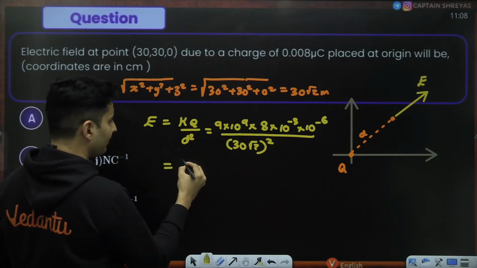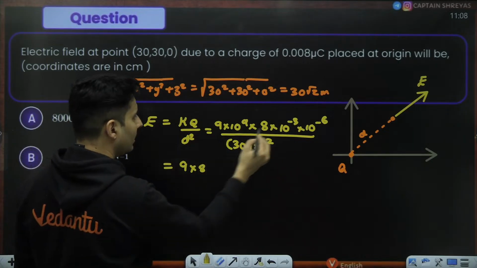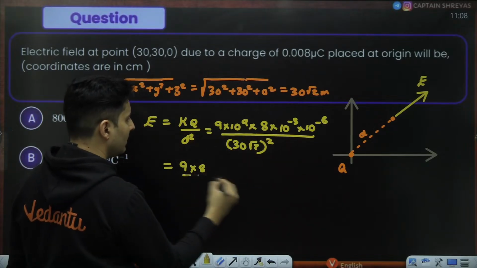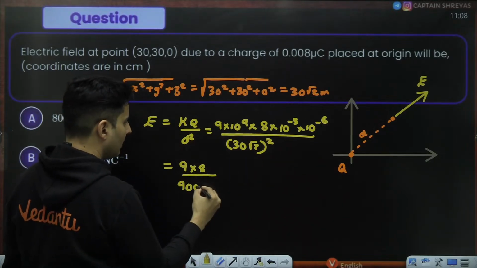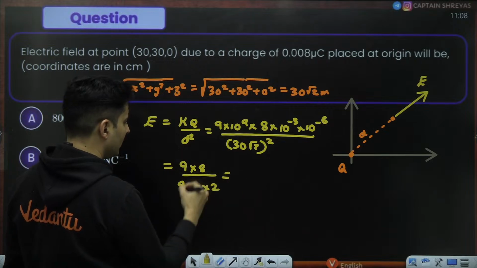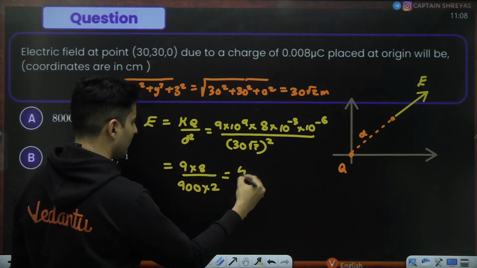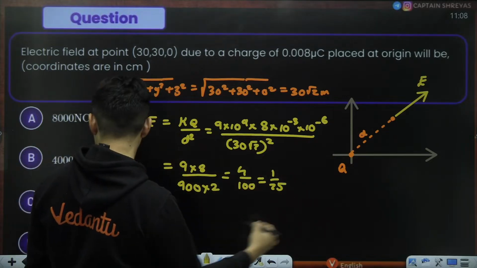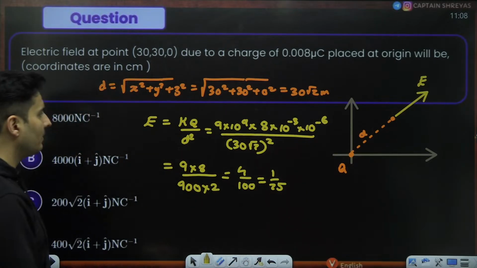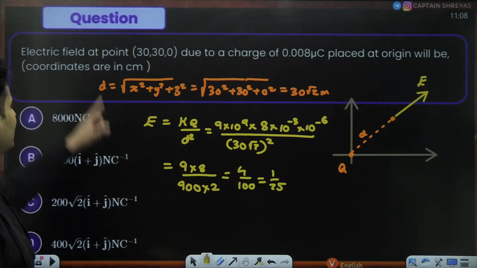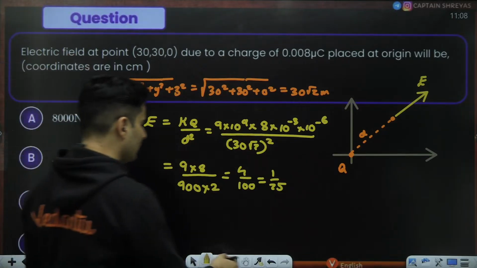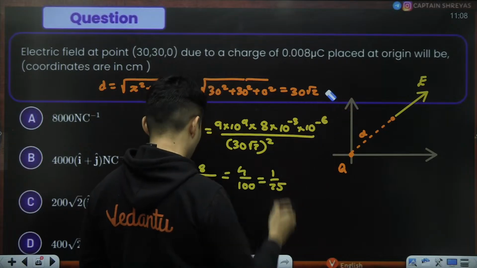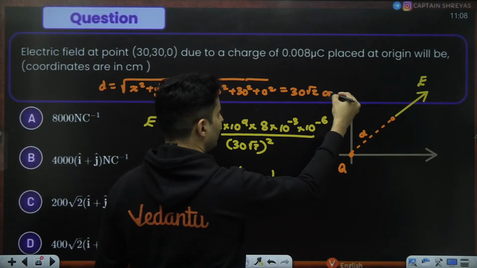So this will become 9 multiplied by 8, and minus 3 minus 6 plus 9 cancel. 30 square is 900 and root 2 square is 2. 9 cancel, 8 and 2 cancel, 4 divided by 100, which is 1 by 25. Is that right? Just check it out. But that was in centimeters. I'm so sorry, guys. I put meters over here. So this should have been centimeters.